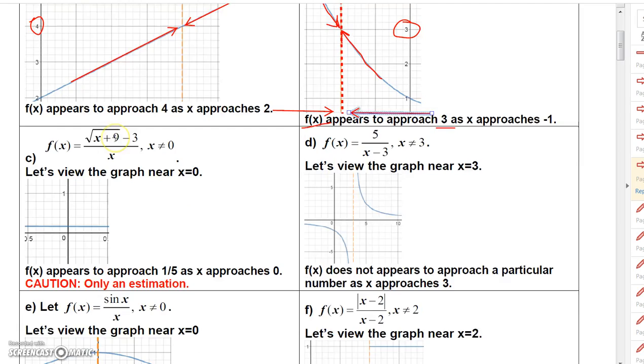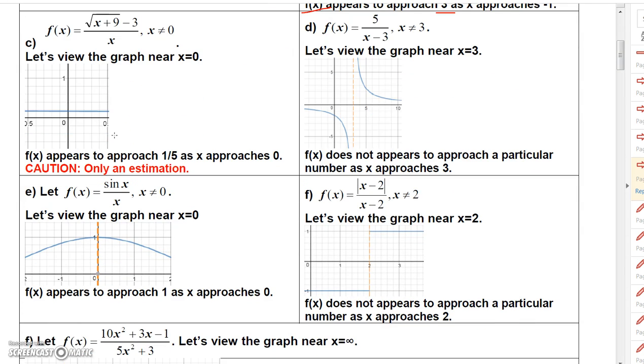Now, I haven't proved anything yet. We'll learn how to do that later. Right now, I'm just trying to get you to understand. Now, this function is kind of strange. This one is the square root of x plus 9 minus 3, over x, and we're going to look at it as x approaches 0, because the graph is undefined at 0. Notice that it seems like it flattens out here.